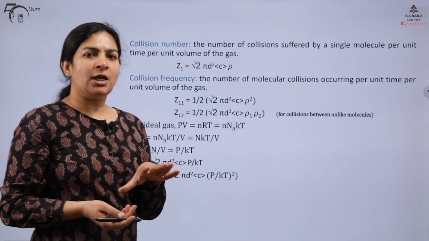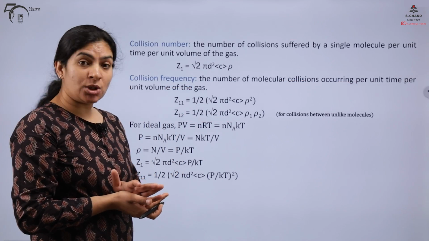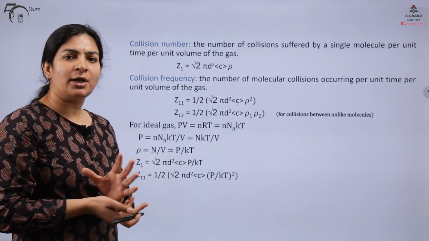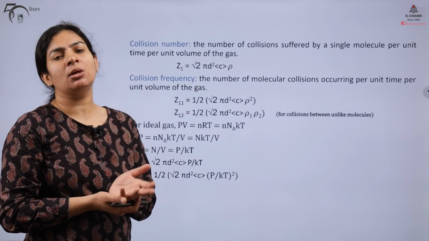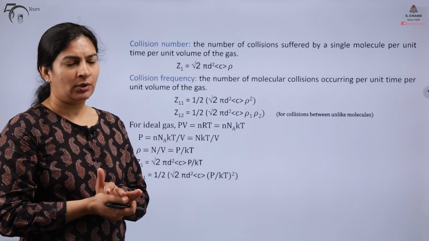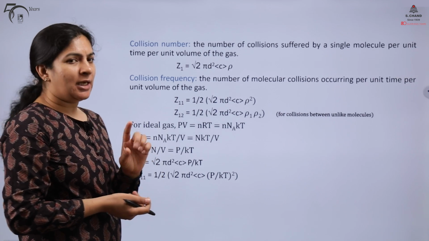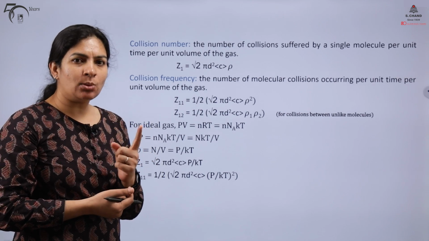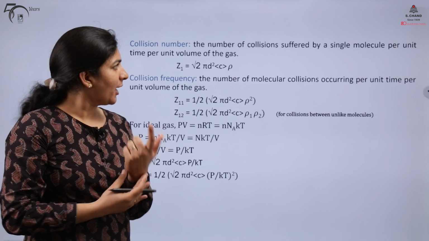After having understood the collision between the molecules, we now have to understand how many collisions a molecule will undergo. So for the sake of simplicity, let us calculate the collisions suffered by one molecule.